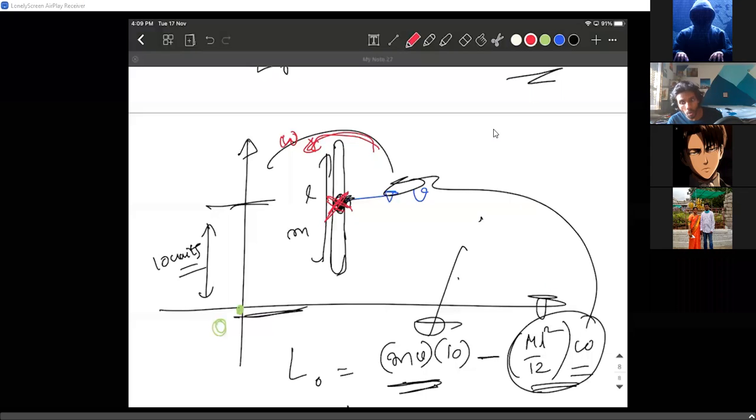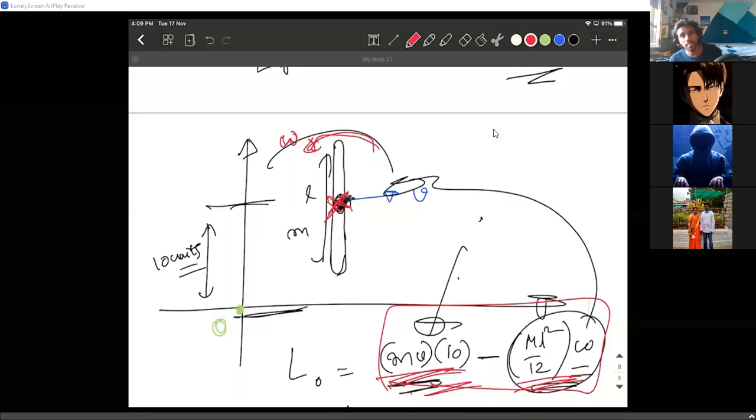You can take it, but that involves a different method, so let's not do this. Completely stick to this method only: MVd plus the angular momentum about its center of mass. Let's just stick to this value, and you will find it definitely easy to solve problems in this style.